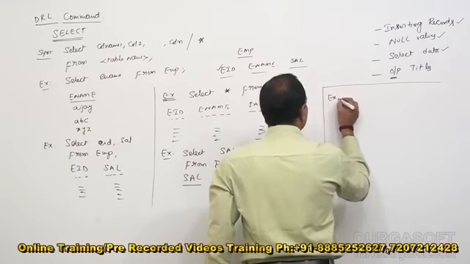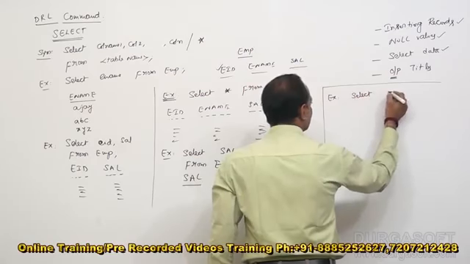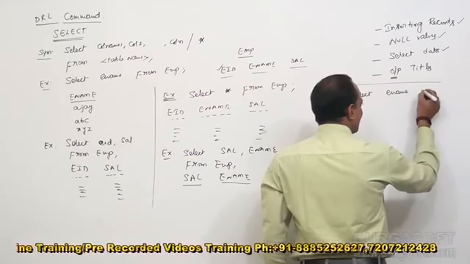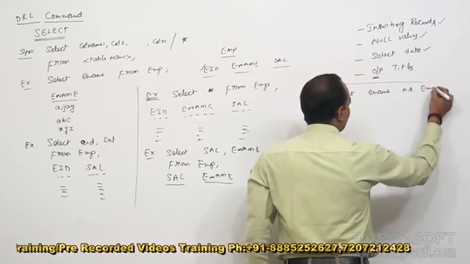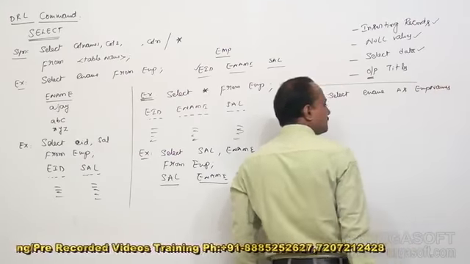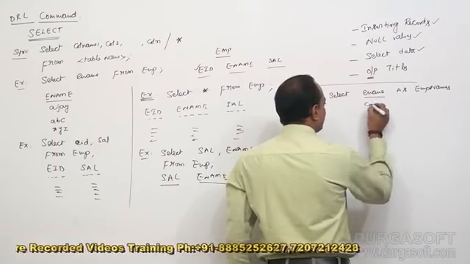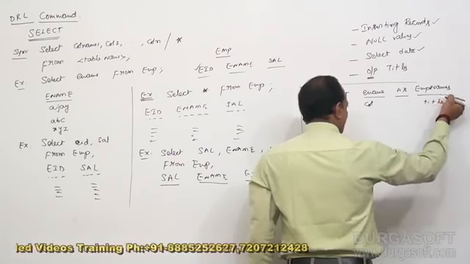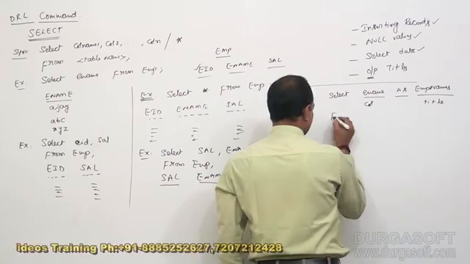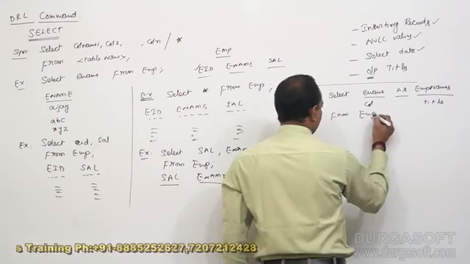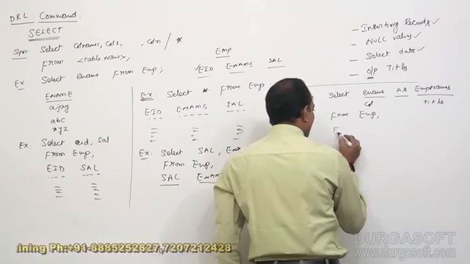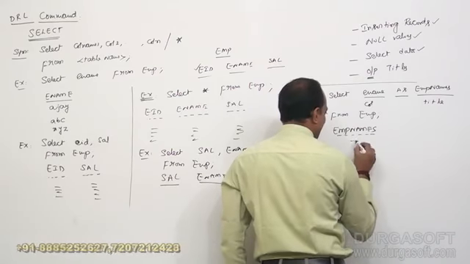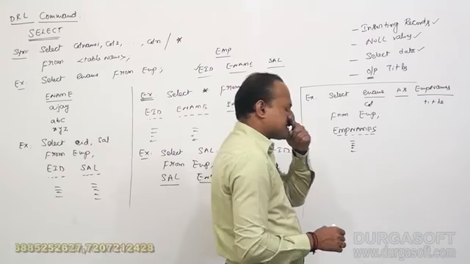This is the column name, this is the keyword, this is the title. In the output you can see this title, from EMP. So what is it displaying? EMP names. Remember this. Under EMP names you can see all employee names.